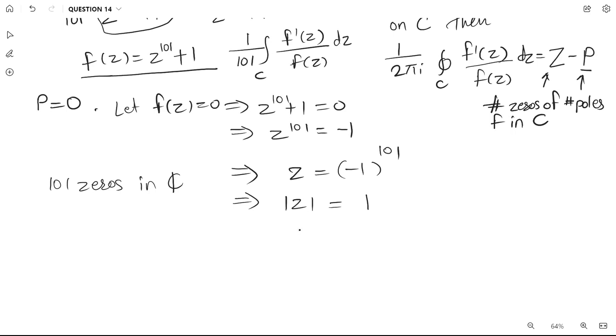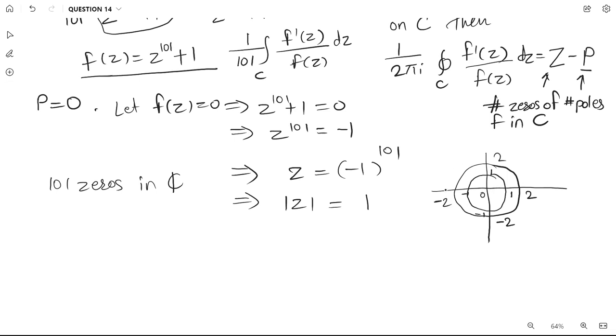So we have to find the number of zeros of f inside C. What is C? C is the circle with radius 2 centered at 0. Okay, this is 2, minus 2, 2, minus 2. So where does mod z equal to 1 lie? This is exactly here, where we have 1, minus 1, 1, minus 1.